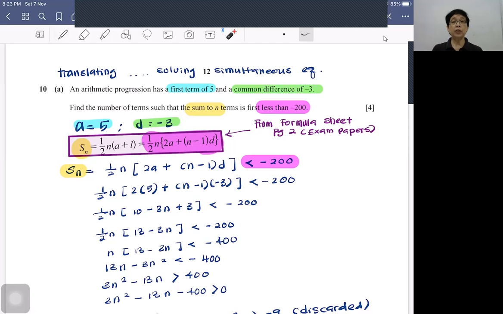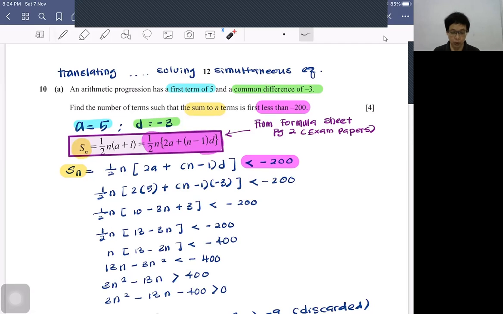Secondly, another helpful tip is solving simultaneous equations. Almost all the time, we will encounter the occasion where we need to form two equations, and in order to find either the a or the d, whichever, we are going to involve the skill of solving simultaneous equations. So those are two helpful tips in approaching this type of question.